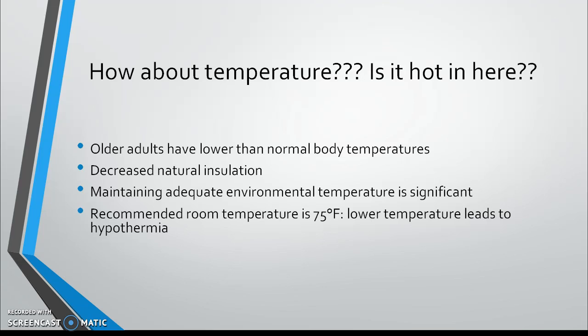Also remember, I know it doesn't touch on it a lot, but the water temperature should be less than 110 degrees Fahrenheit. You will also find that on page 181 in box 14-2. So if the room temperature is lower than 70, remember, it can make that patient hypothermic, and we definitely don't want another medical problem coming about.